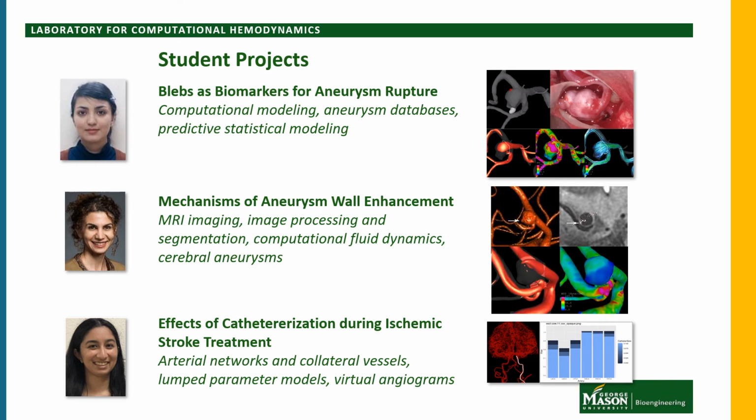And finally, investigating the potential negative effects of inserting catheters to treat ischemic strokes caused by the occlusion of a cerebral artery, which has been conducted by Ms. Medhini Solsal, an undergrad student in the bioengineering program.